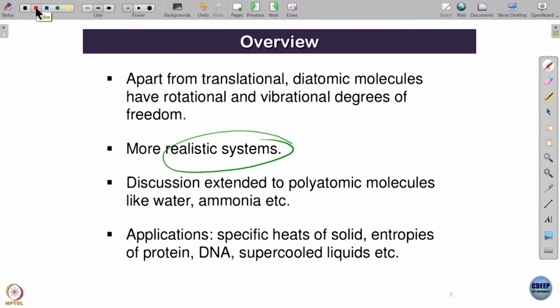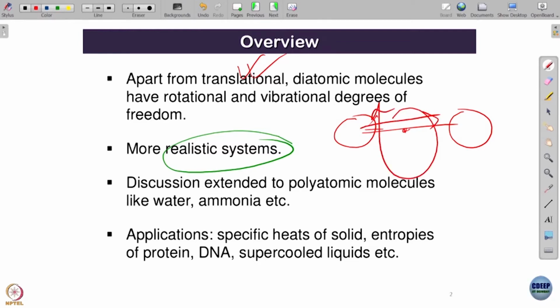If this is the diatomic molecule, they continue to have translational motion of the center of mass, but they also have vibration and rotation. The translational part we have done, and you can go to a reduced mass description, where translation is that of the center of mass, with reduced mass m1 m2 by m1 plus m2, and if they are the same, it becomes half.